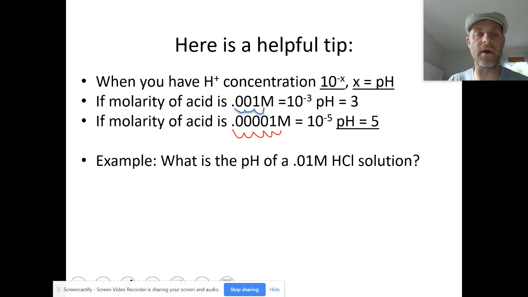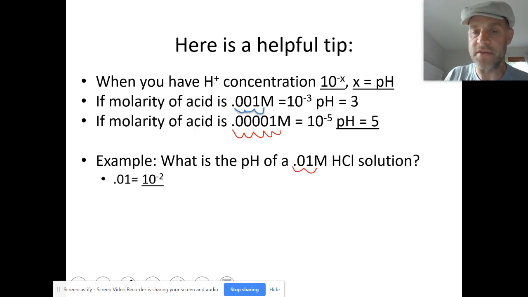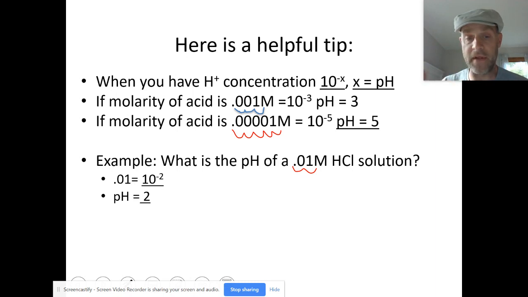If I were to do an example, what's the pH of 0.01? How many spots is that? 1, 2, so that's 10 to the negative 2, so it has a pH of 2. That's just a little helpful hint, but you can always use your calculator, and I'll show you later how to do that better.